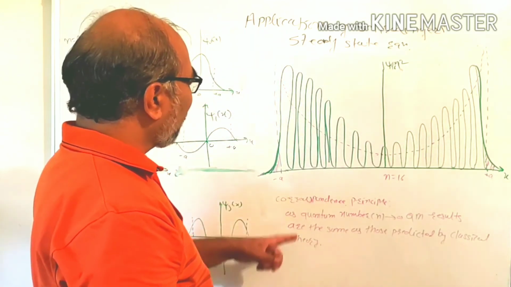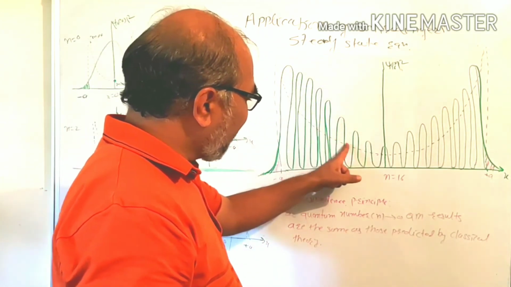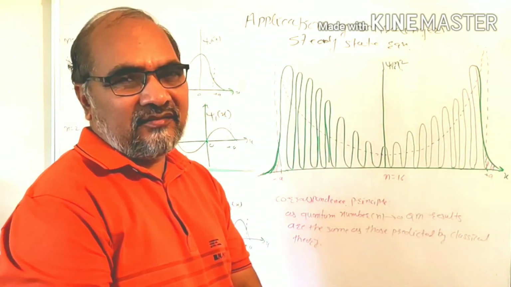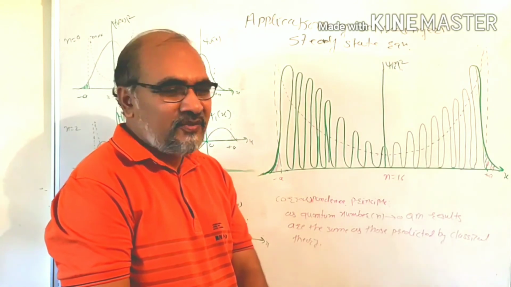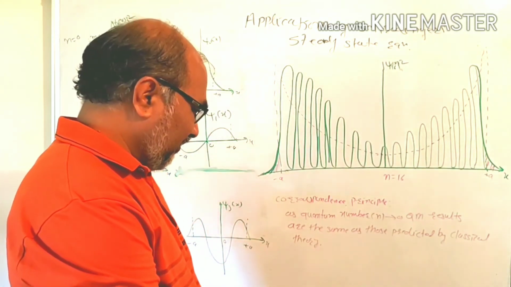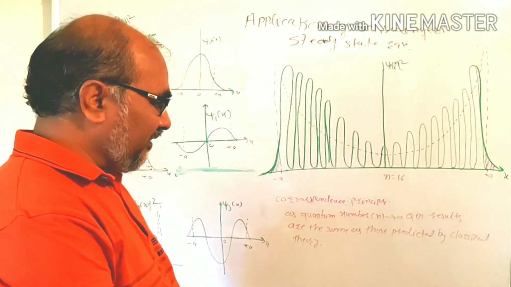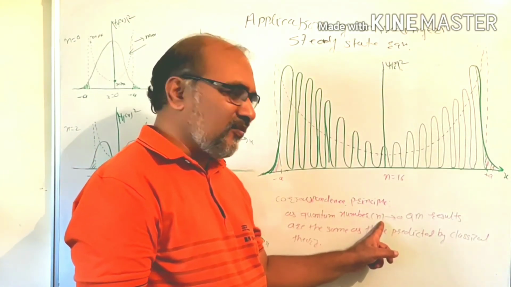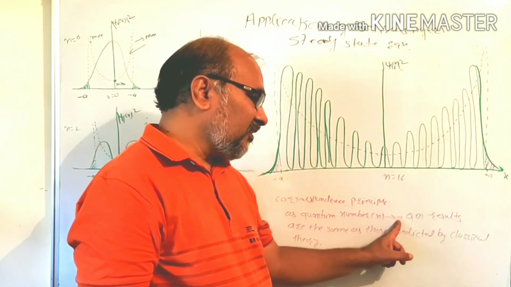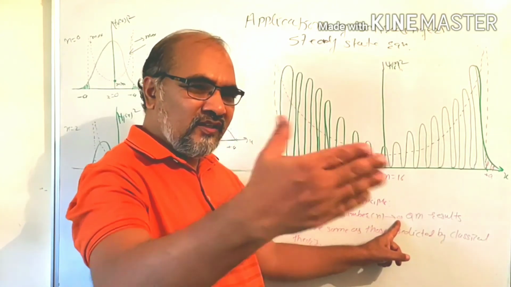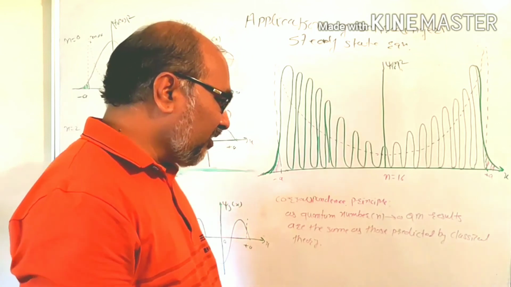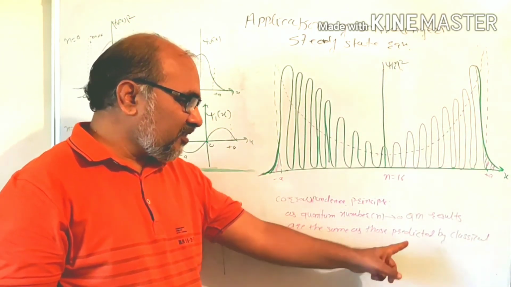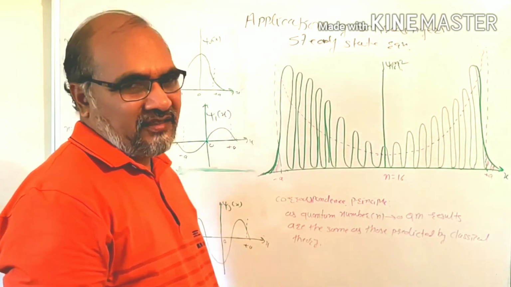Therefore, this dotted line is the same as the classical probability distribution, and therefore the correspondence principle states that as n tends to a large number, say n tends to infinity, the quantum mechanical results are the same as those predicted by classical theory.